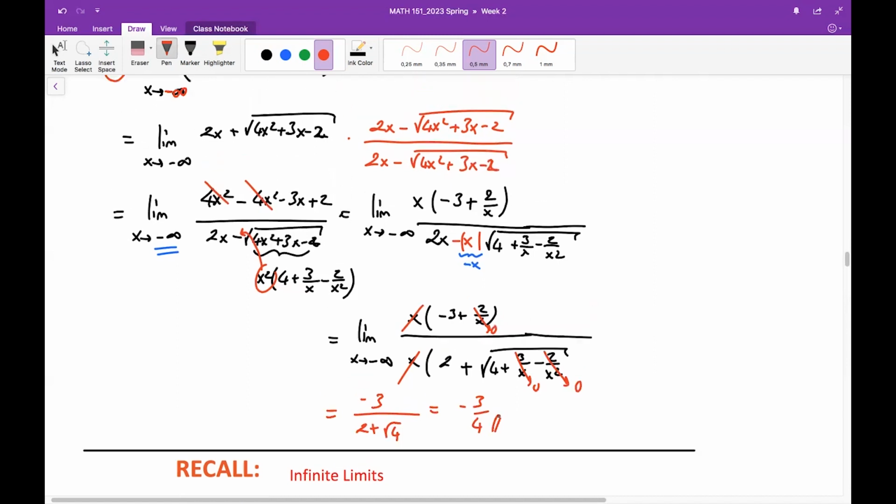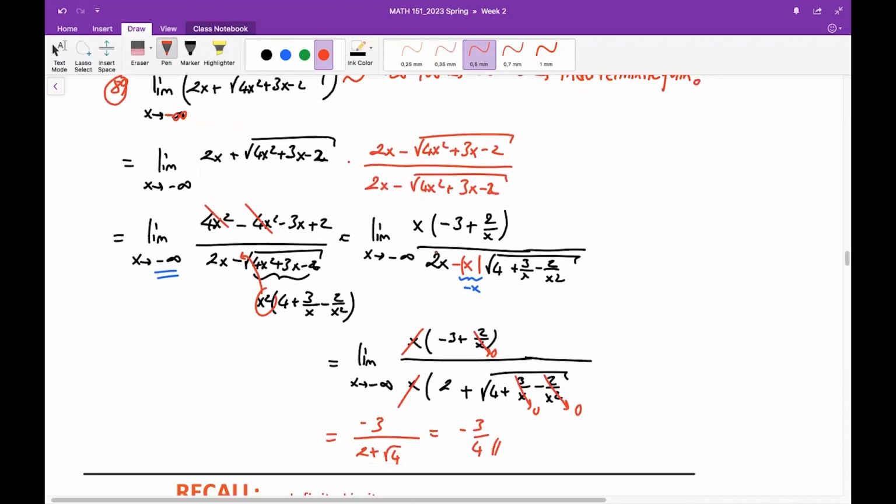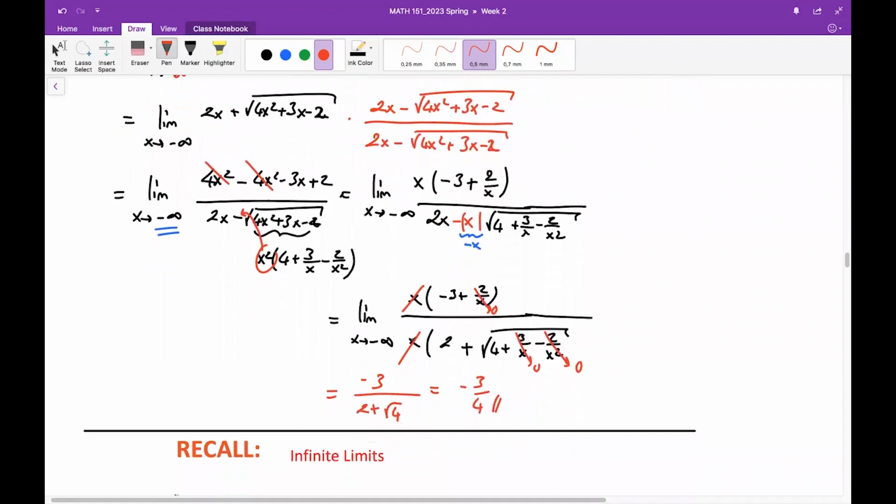Any questions about this solution? In this problem, we have infinity minus infinity, which is an indeterminate form. That's why we need to do something to invent some simplifications. That's why I multiplied and divided by the conjugate of this expression. After multiplying that, we start having simplifications.